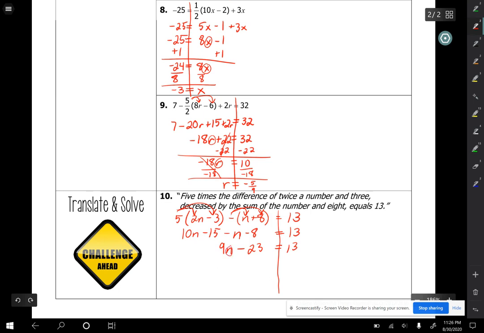Now I can solve for n. Add 23 to both sides. 9n equals 36. Divide by 9 on both sides. N equals 4.